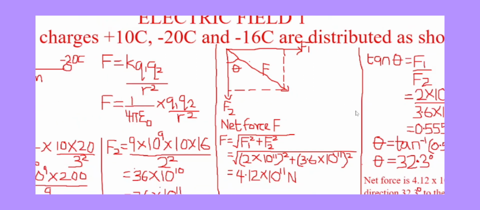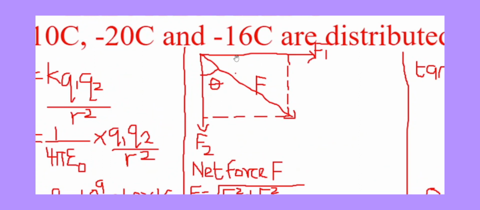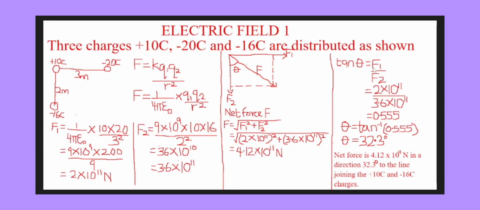So that gives me my opposite to be F1. If this line is F1, this line will also be my F1. Then tan theta is equal to F1 divided by F2, which is my adjacent.